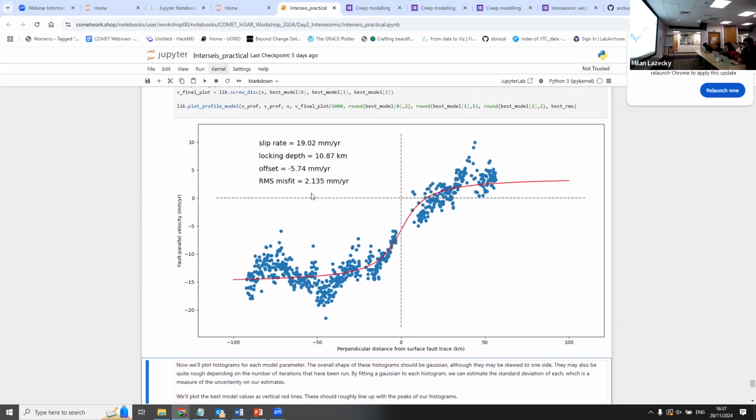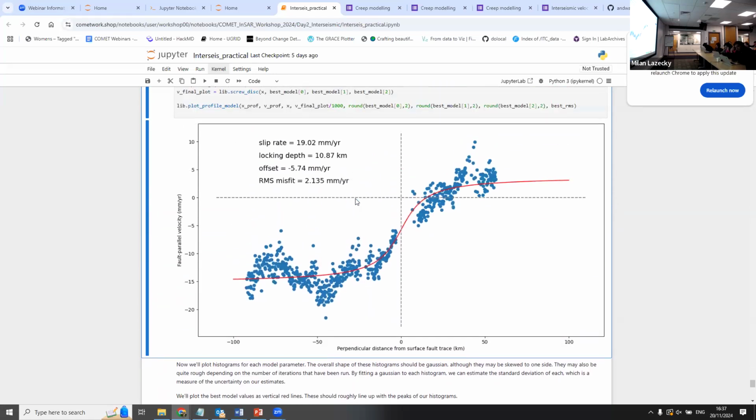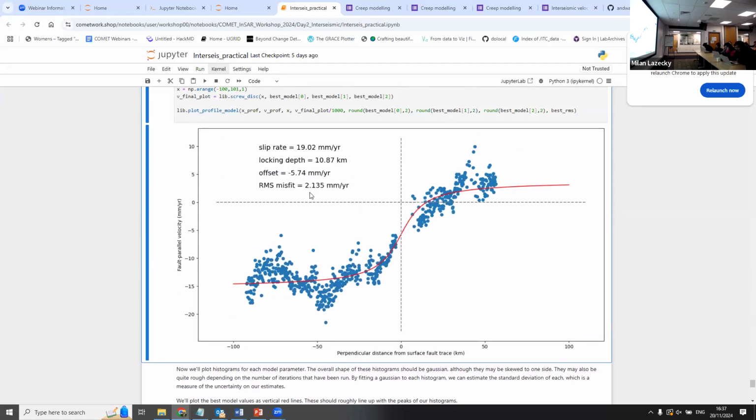The RMS is 2.1 millimeters per year. That is the lowest RMS you can get from the modeling. This RMS is not very low because it depends on how noisy your profiles are.